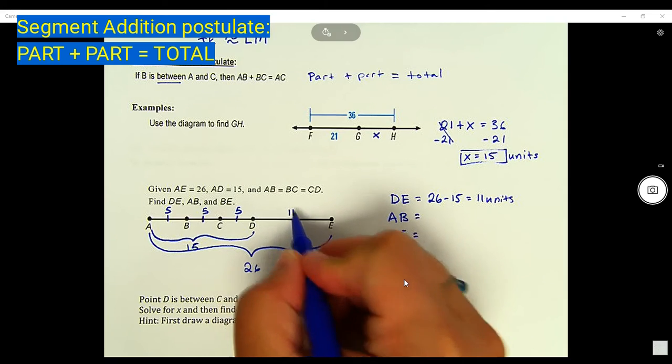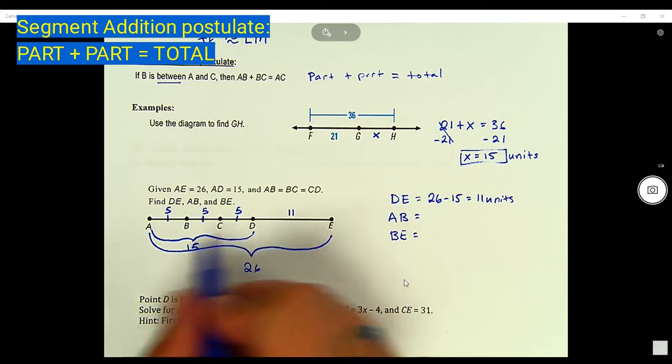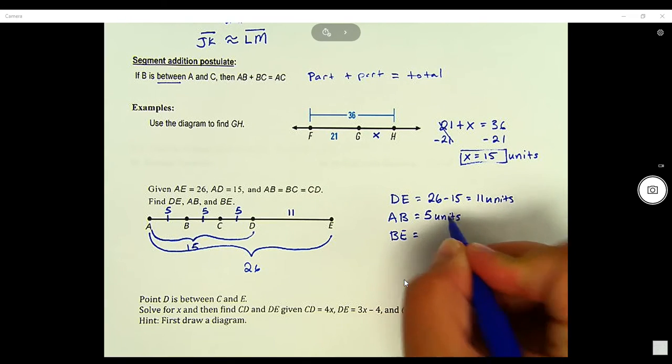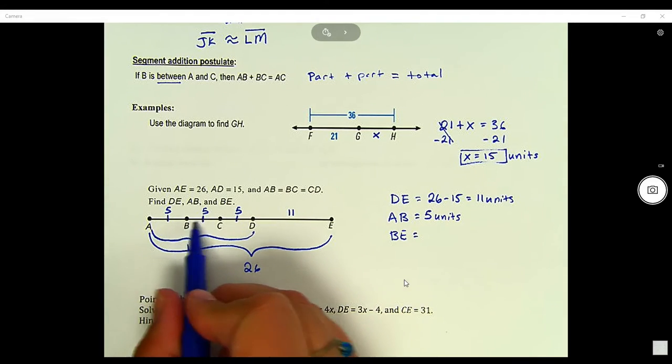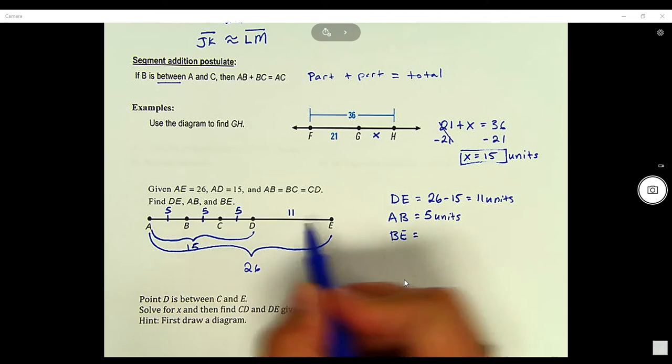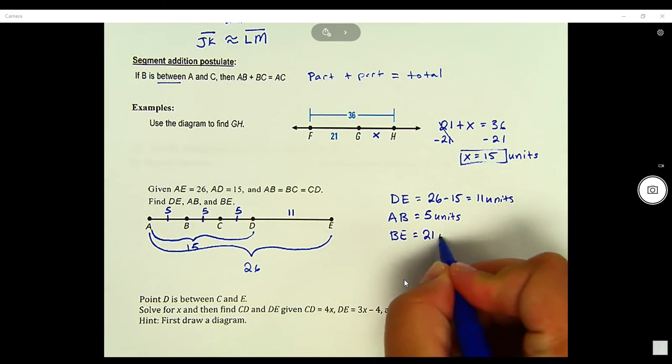So I'm going to put an 11 up here just in case that helps me with anything. AB, we already decided, was 5 units. And BE, from B to E, we're going to have to add all those segments. So 5 plus 11 gives me 21 units.